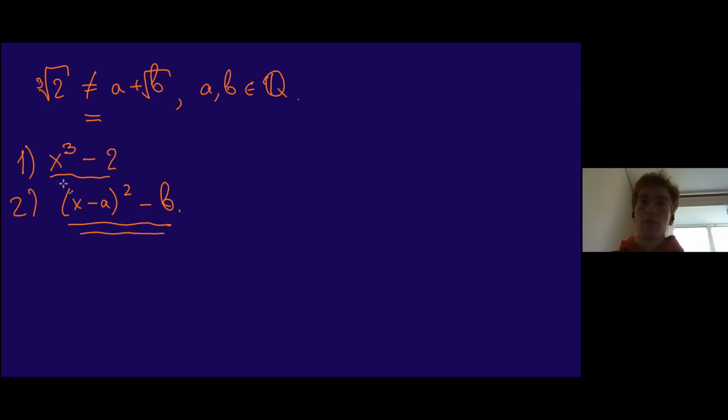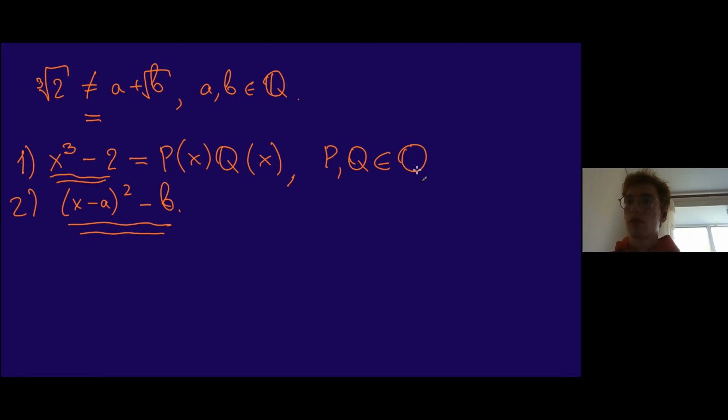However, the first polynomial is irreducible as well, because if it is equal to p(x) times q(x), where p and q have coefficients in Q, then at least one of the factors is linear, which means that the first polynomial x cubed minus 2 has a rational root.